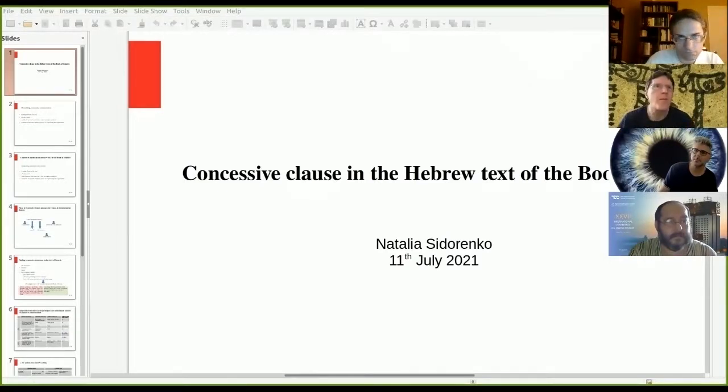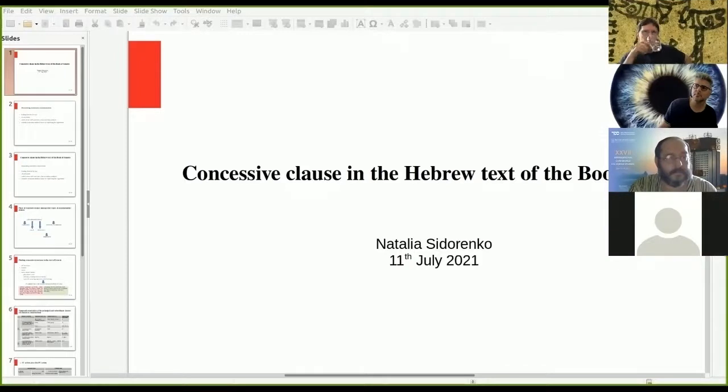But Biblical Hebrew does not have those, and we had to rely mainly on semantics and context and try to find some formal semantic markers. All in all, we found 27 relevant examples.